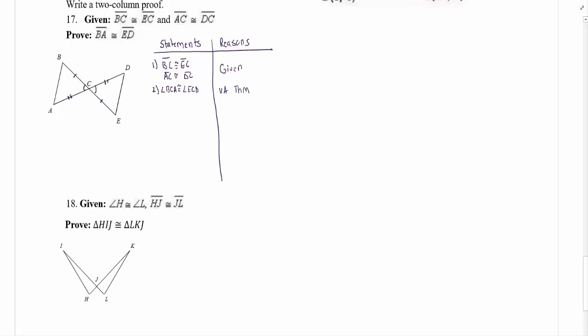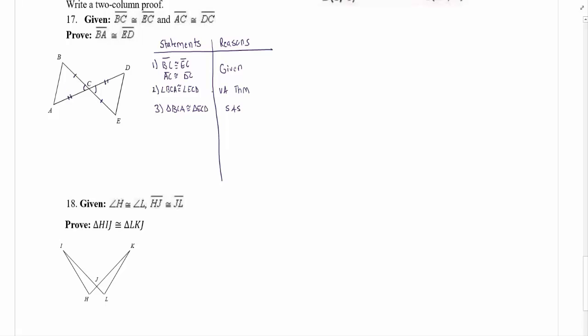Now again, I'm trying to prove segments congruent, and that makes me think CPCTC. But I can't use corresponding parts of congruent triangles are congruent, CPCTC, unless I prove that the triangles are congruent. So your first thing that you need to do is state that triangle BCA is congruent to triangle ECD by side angle side.